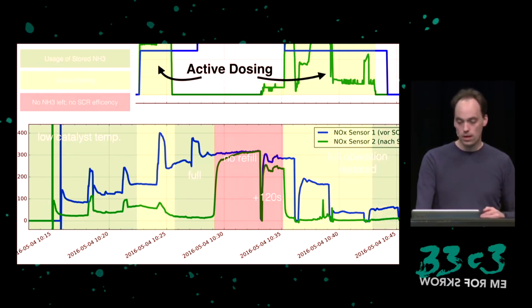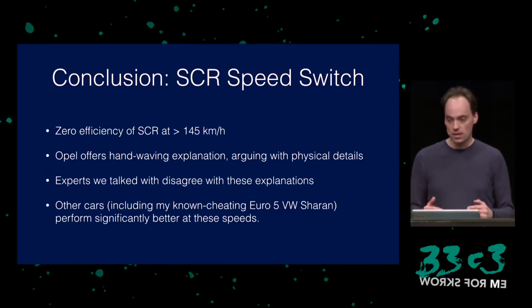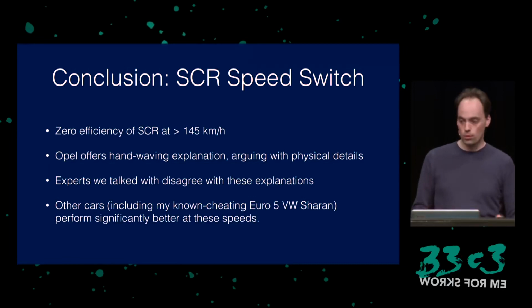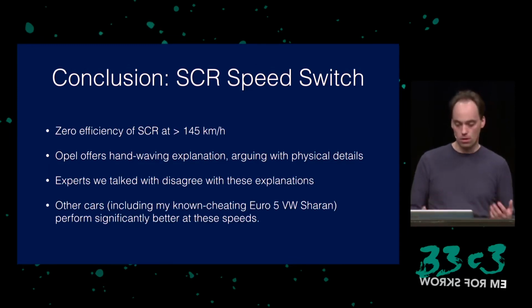So our conclusion after this is that the SCR is programmed to stop working at 145 km/h. The efficiency goes to zero. Opel offered a hand-waving explanation in one of the press releases for why this is necessary. They argued with some physical details, and we presented these to some experts, professors who worked with combustion engines for a long time.